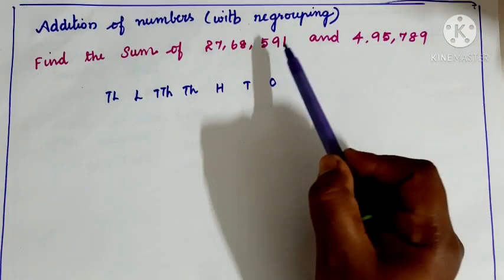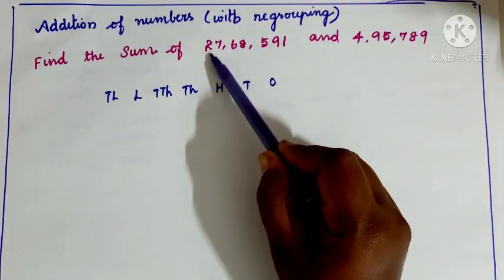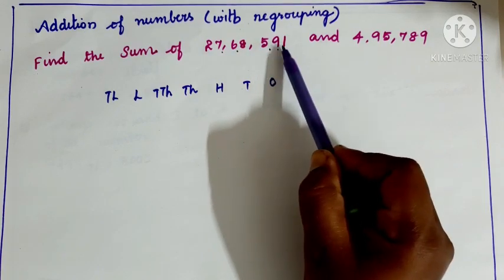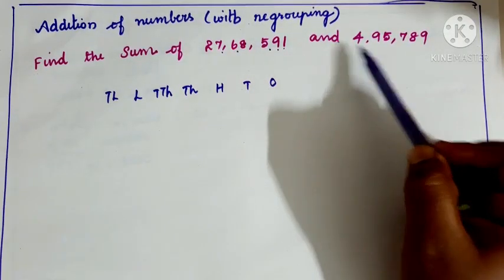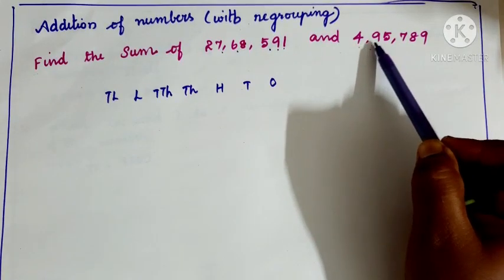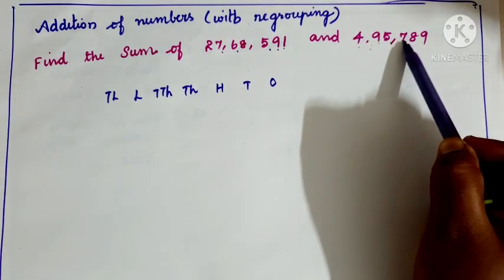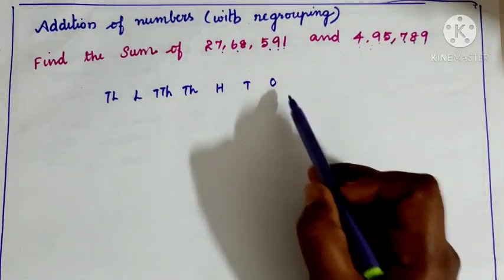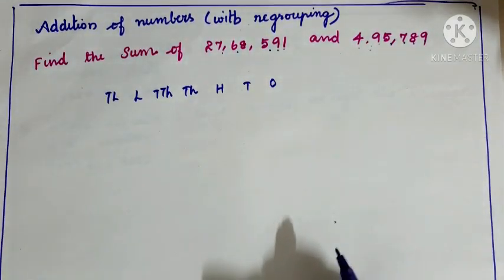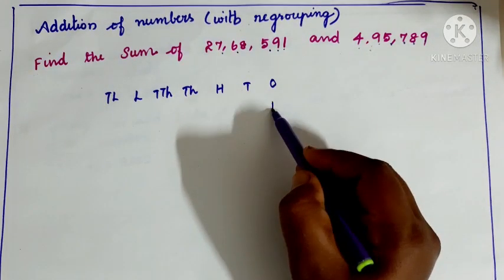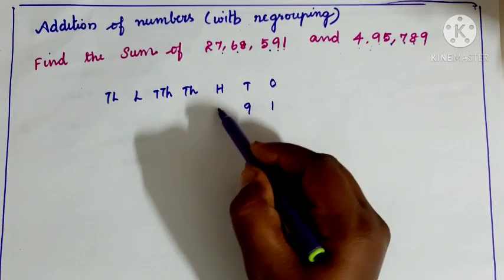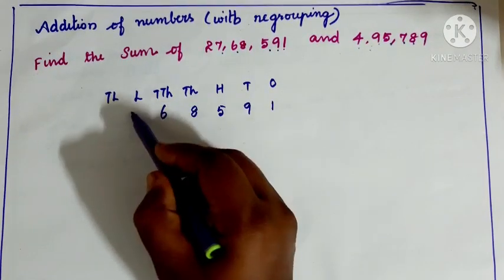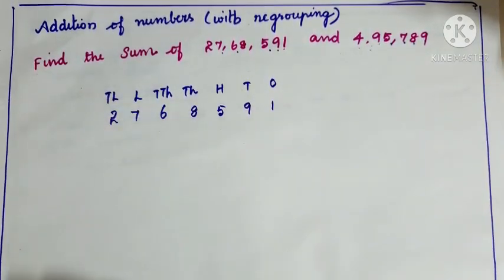Now you read along with me. 27 lakhs 68,591 and 4 lakh 95,789. Is it clear? Now you have to start with the ones digits towards the left. How will you write? 1, 9, 5, 8, 6, 7, 2.